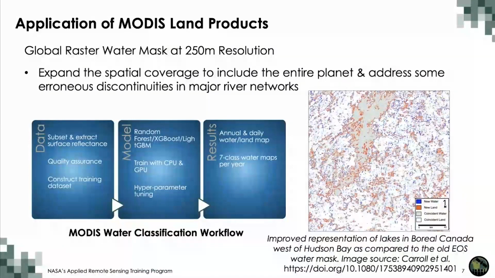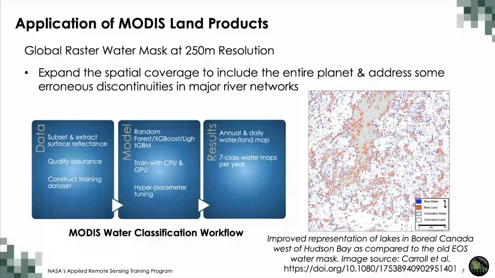Our group has multiple applications with MODIS products, and one of them is to use MODIS land products to generate a global water mask at a 250-meter resolution. Such a water mask plays a fundamental and critical role in processing remote sensing data. For example, scientists rely on calibration algorithms to convert spectral signals collected by the MODIS instrument into physical variables such as surface temperature.